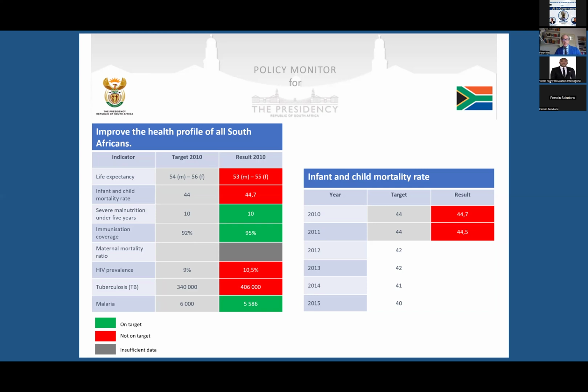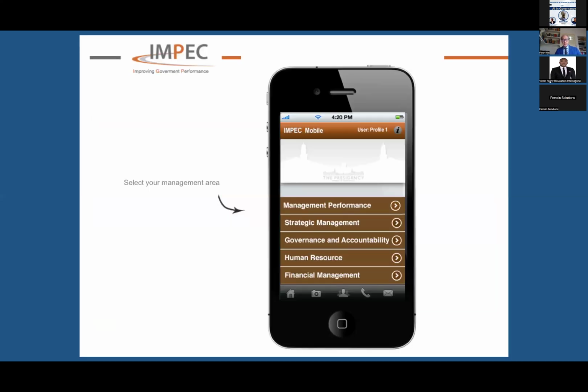we decided instead to review this policy monitor and change it into a phone app to improve government services. What they had done is they had scored on a large number of public services or government services what the level of service was.